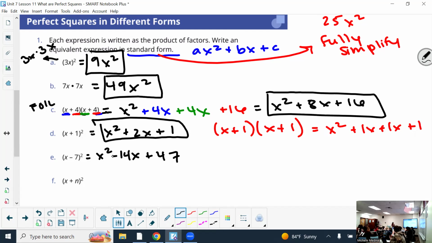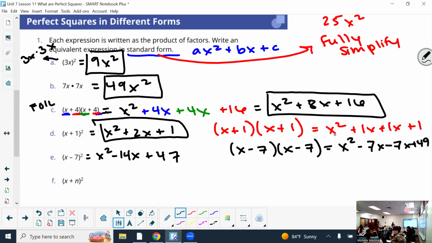Okay. So in this one, we're almost completely right. I just think maybe we multiplied the -7 and the -7. Right, but first we have x squared minus 7x minus 7x plus 49, since -7 times -7 is 49, so just adjust that.